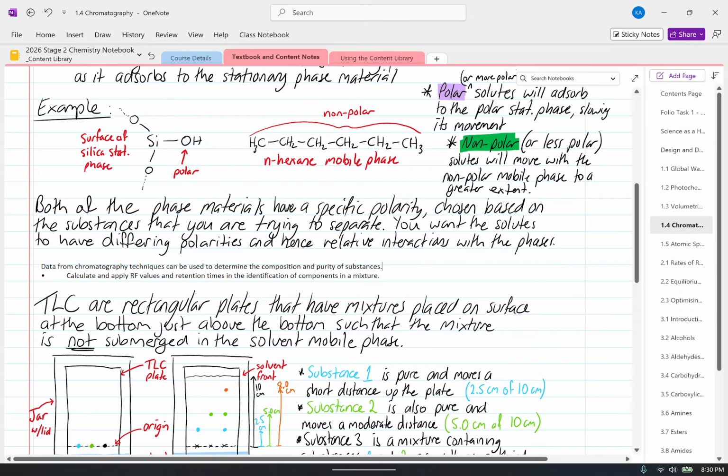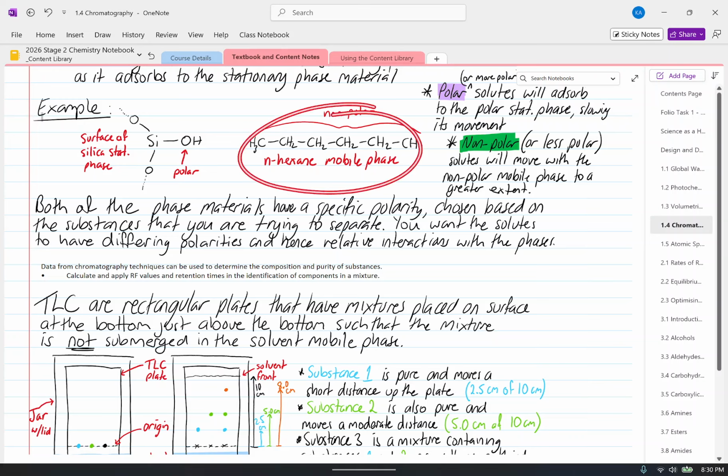Now, you have choices of the materials, so you can choose the stationary phase and the mobile phase based on the particular mixture that you're trying to separate. If the substances are mostly polar, then it's going to affect the choices you make.